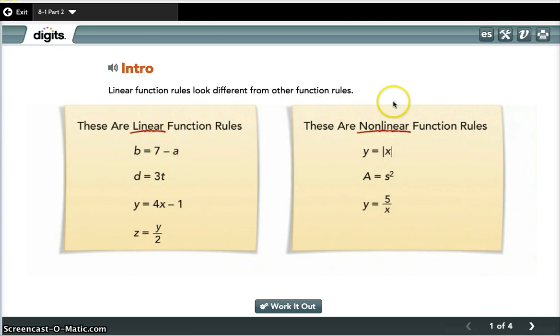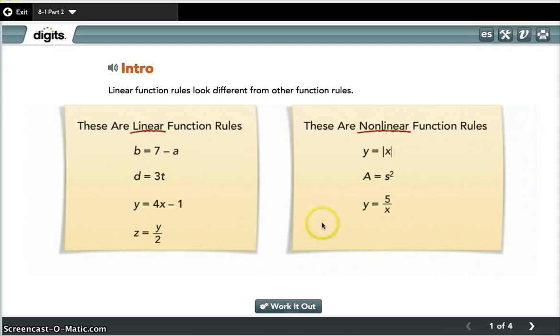So we're going to take a look at both of these lists, and I want you to see if you notice anything on this nonlinear side that you don't see on the linear side, or vice versa. See if you can figure out why these 3 equations are over here and these 4 equations are over here.